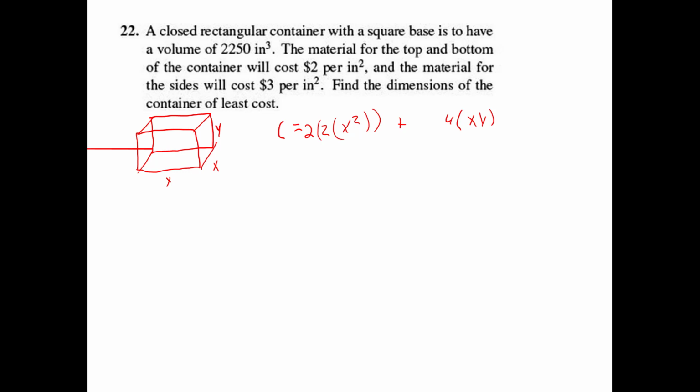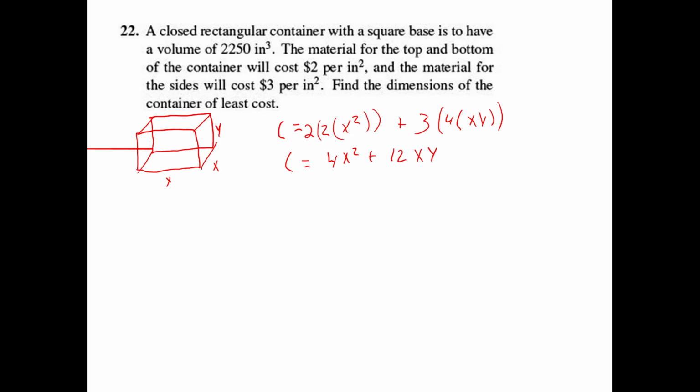And so then for the sides, that material costs $3 per square inch. And so if we clean this up, you get 4x squared plus 12xy. Okay. But again, too many variables, so we need to look for a constraint.